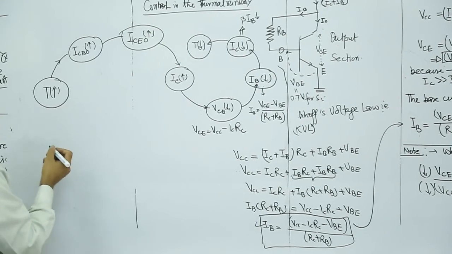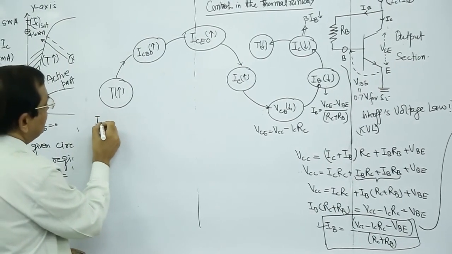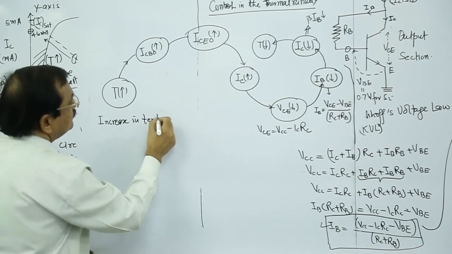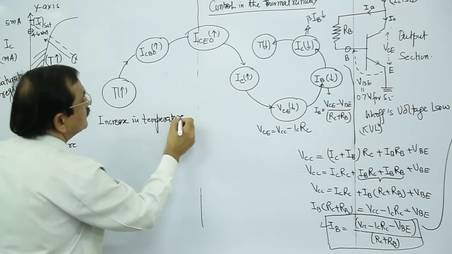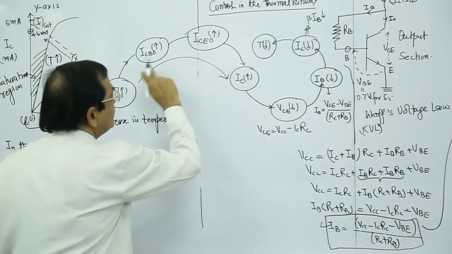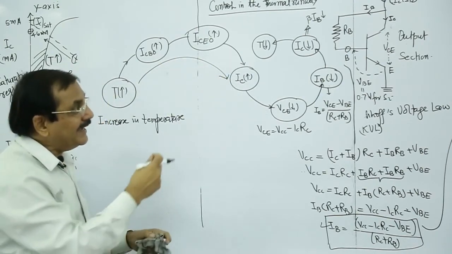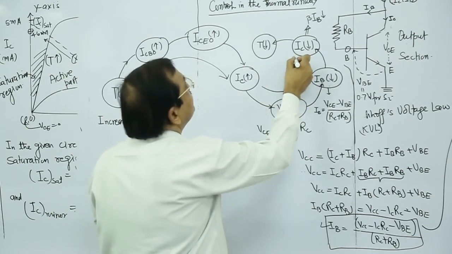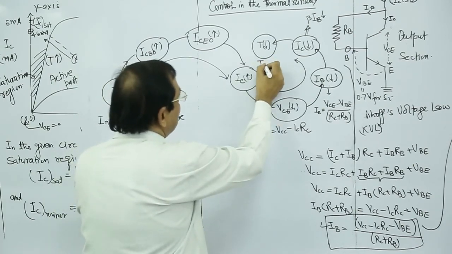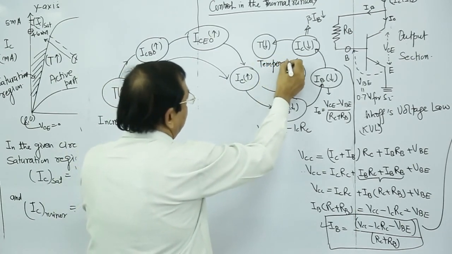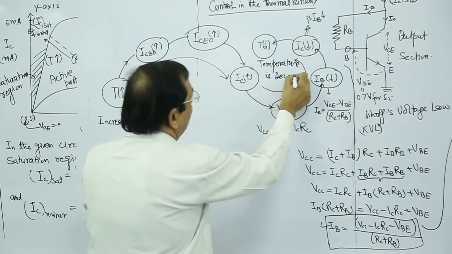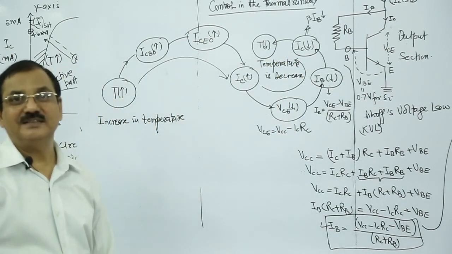So what we find is that we start here with an increase in temperature, we move through the same circuit, and the cycle will reverse. The temperature will decrease.